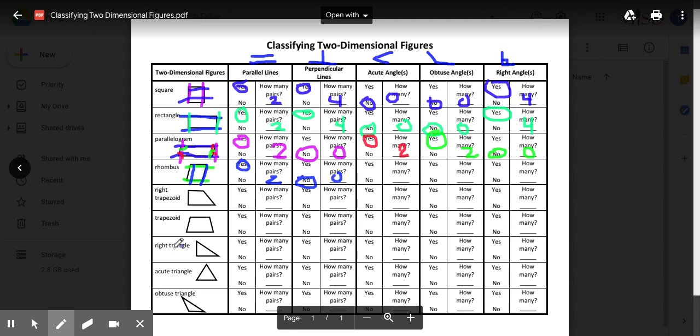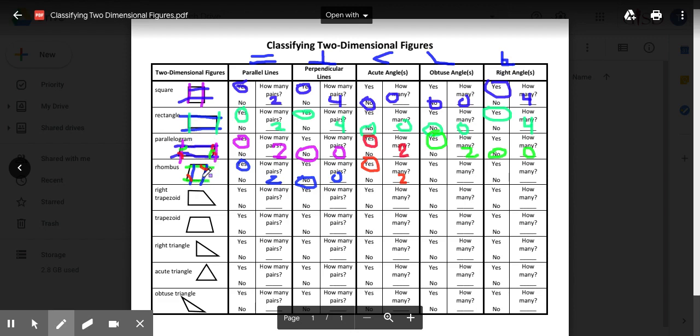And just like a parallelogram, your acute angles are the angle in the corner down here and the corner up here, so you have 2 acute angles, so your answer is yes. And I have 2 of them. You have 2 obtuse angles.